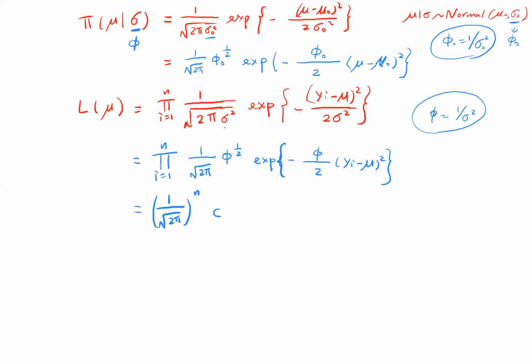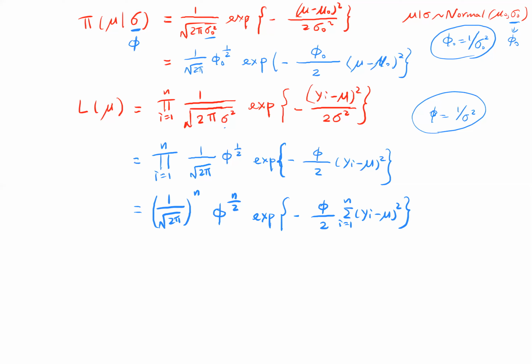And for phi, you have n copies of that as well, so that goes to the power n over 2. Okay. And in the exponent, it will become the sum of all of the yi minus mu squared.